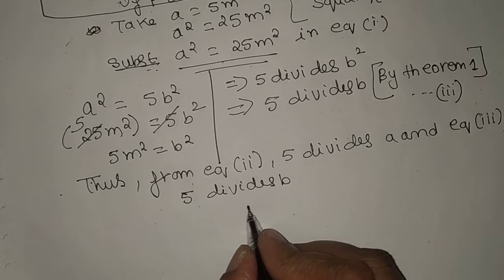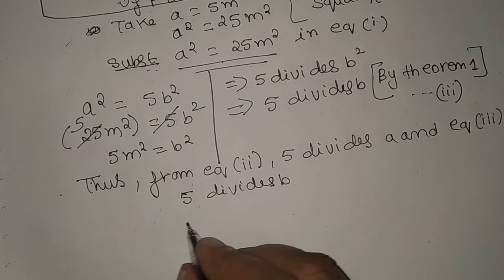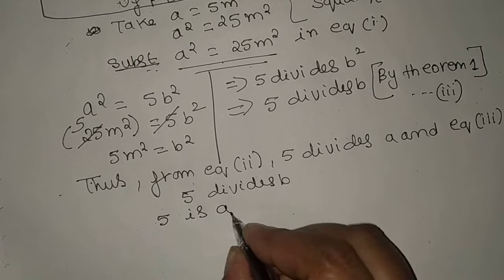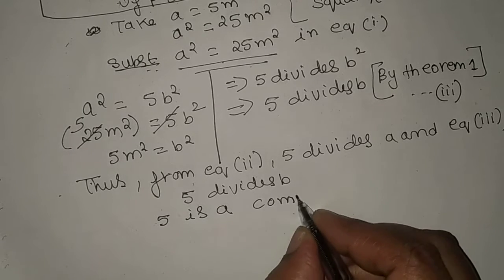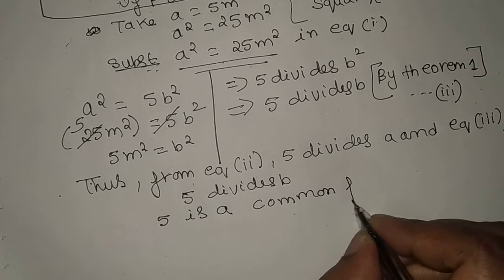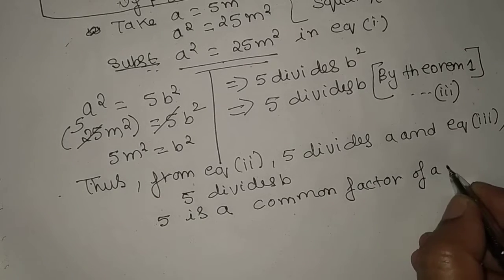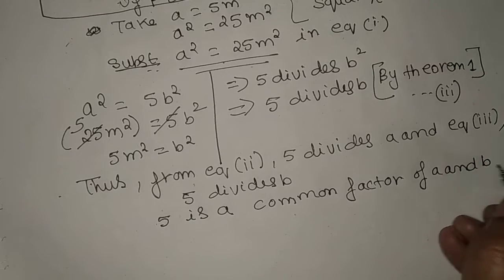So this means 5 is a common factor of a and b.